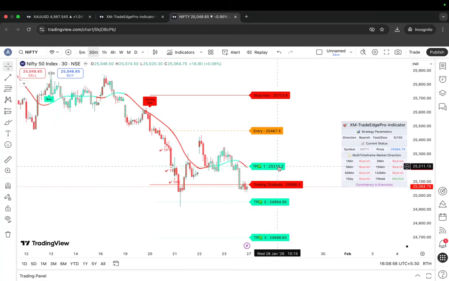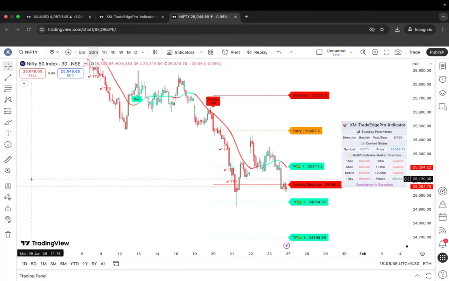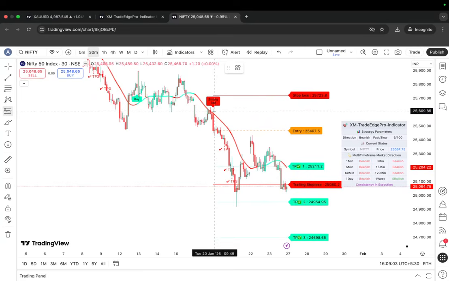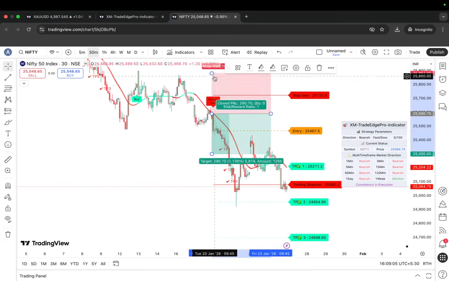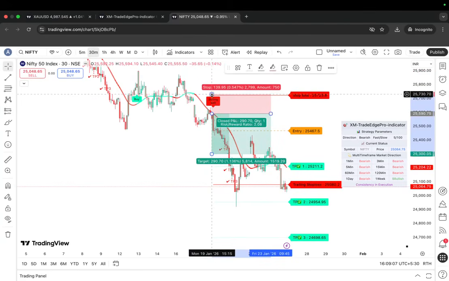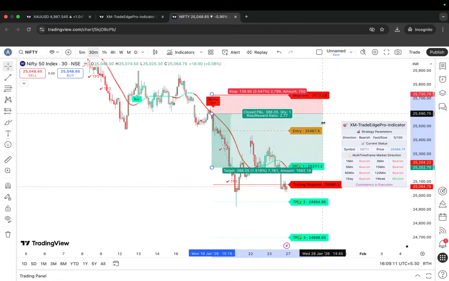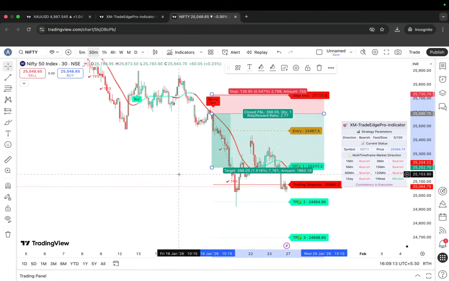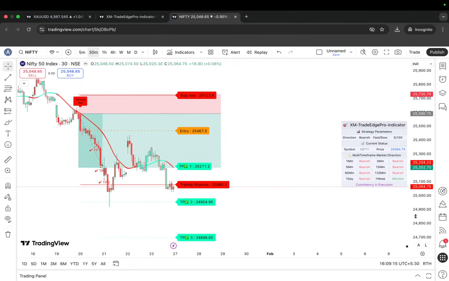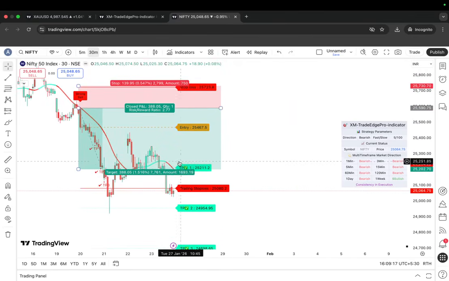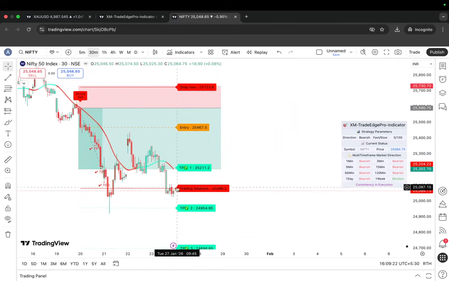So let's suppose you took an entry here. What you have to do is put the stop loss above this, and your first target will be TP1, which we have to try to achieve first. Once TP1 is achieved, we have to see where the trailing stop loss is.